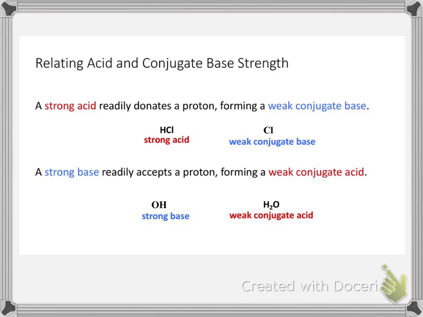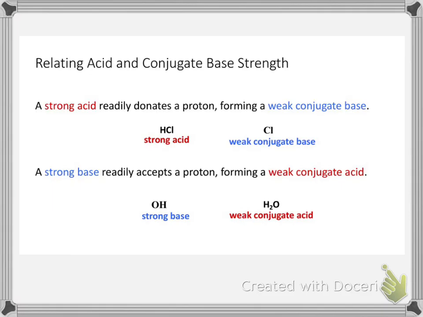So another relationship when we're talking about weak acids is their partners. So remember, we talked about that when an acid donates its proton, an H+, it becomes a conjugate base. So we have acids and conjugate bases. They're partners.